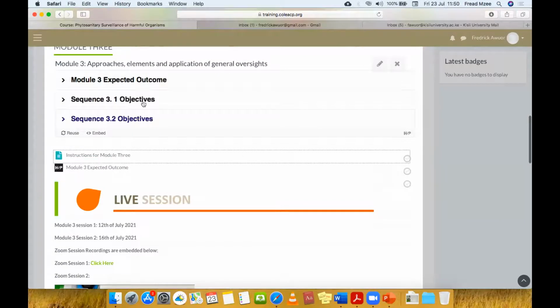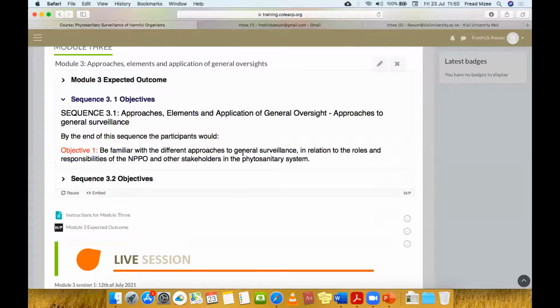Here you were brought up to speed on the elements, approaches, and applications of general surveillance. If you want to design a general surveillance system or program, or mobilize the public to do large-scale surveillance, what are the intricacies? How do you do it? How have you been doing it? And what can you improve on? That's what we covered in module 3.